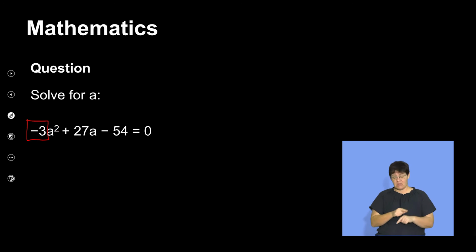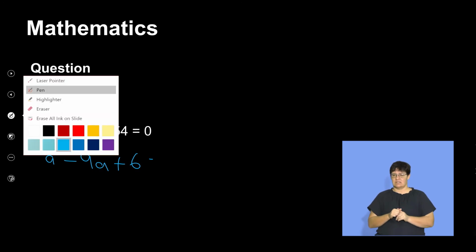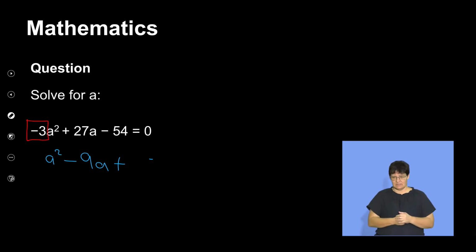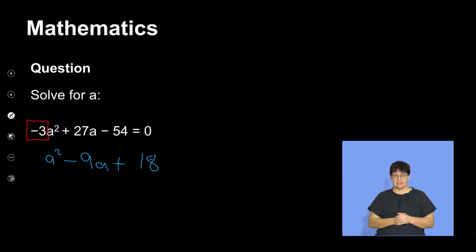Is it divisible in 54? Yes, it goes in there 18 times. So this will be a squared minus 9a and then plus 18 equal to 0, right?